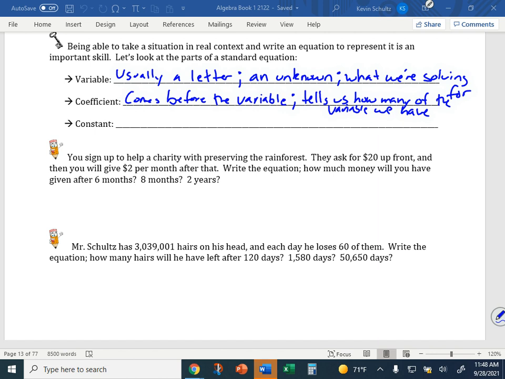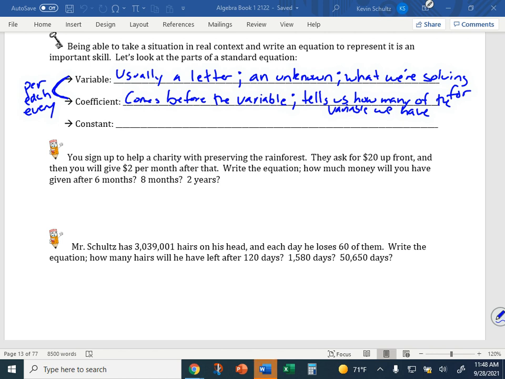In a word problem, you can oftentimes identify the coefficient and the variable by looking for the words per, each, or every. Okay, you see the words per, each, or every, that's going to connect you to the variable and the coefficient.